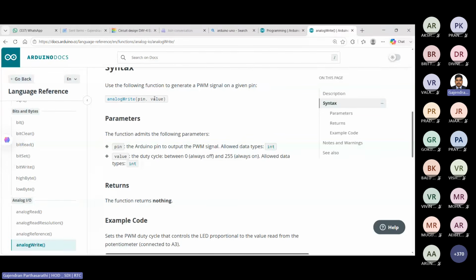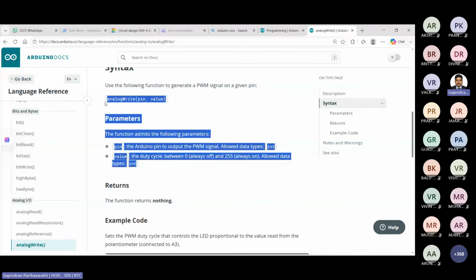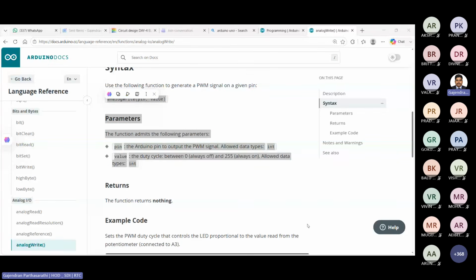Take that clue. This alone is sufficient for us to do today's exercise. I shared that clue in the chat also. 0 to 255 is the clue.